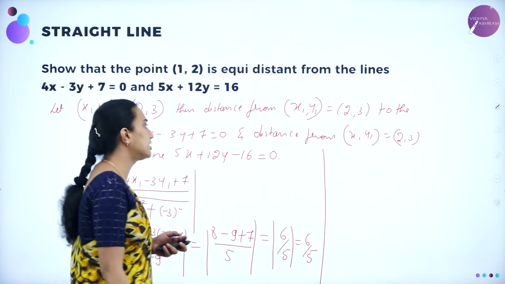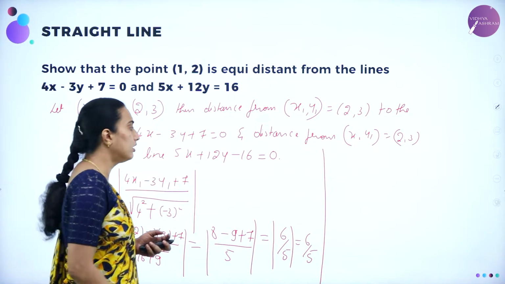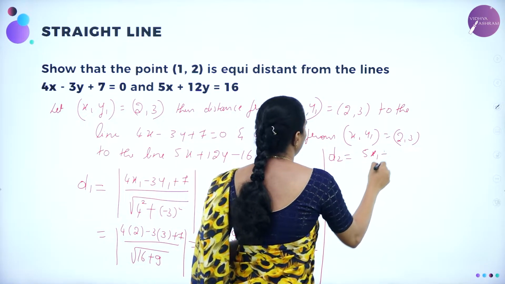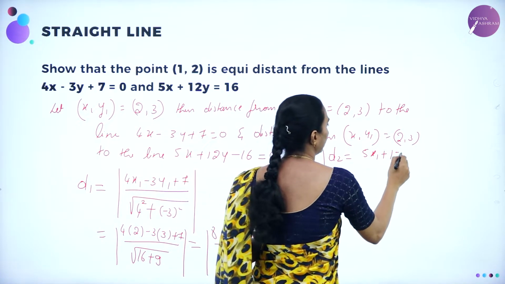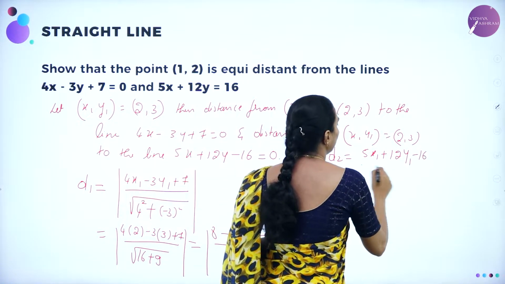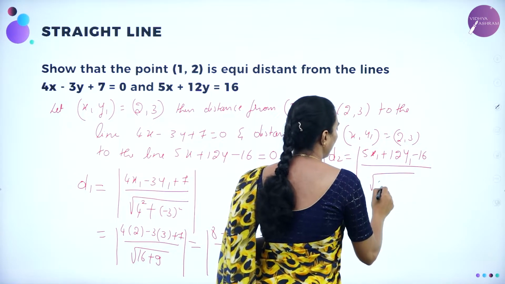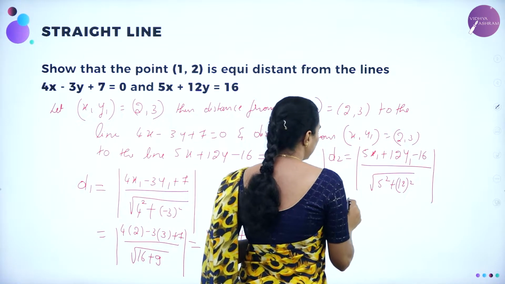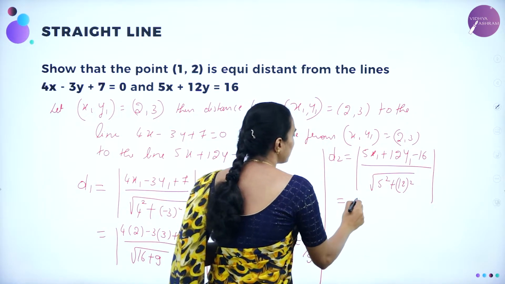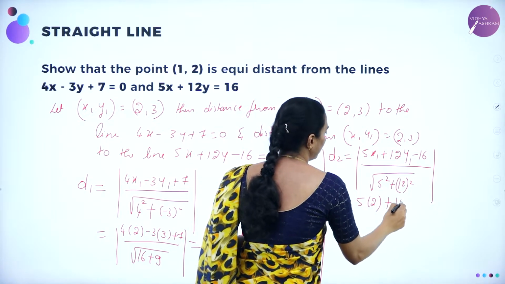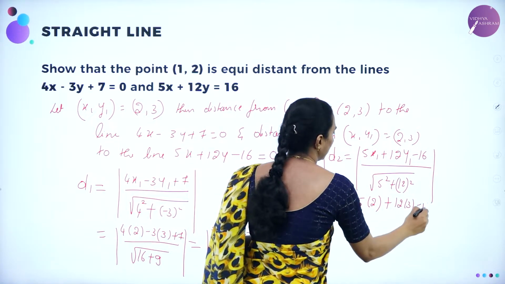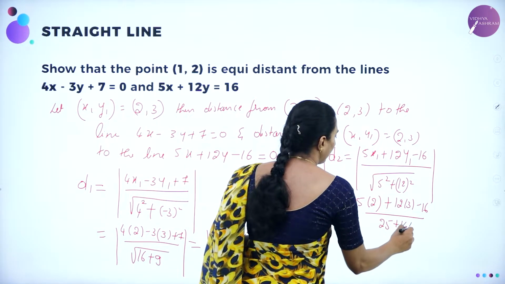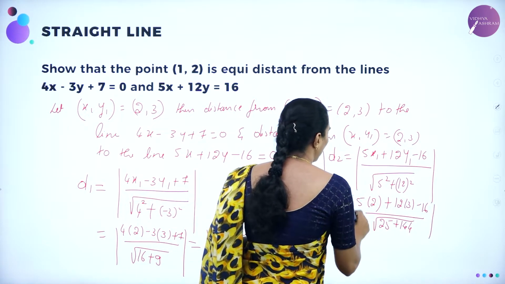Now let me find out the distance from the same point to the other line, that is d2 is equal to modulus of 5x1 plus 12y1 minus 16 divided by square root of 5 squared plus 12 squared, substituting the values of x1, y1. So 5 into 2 plus 12 into 3 minus 16 divided by square root of 25 plus 144.